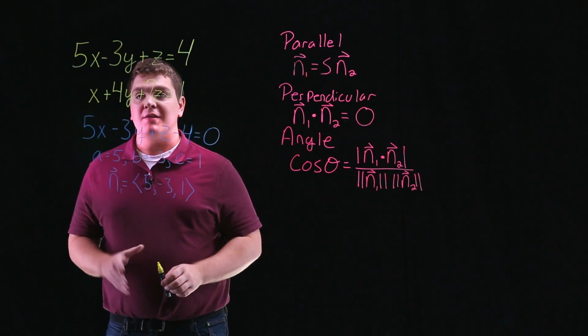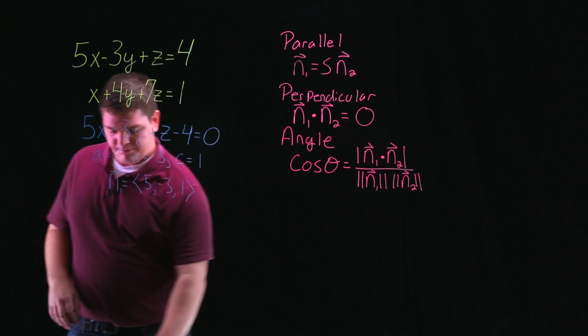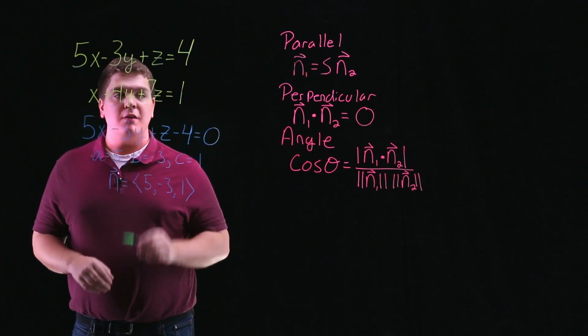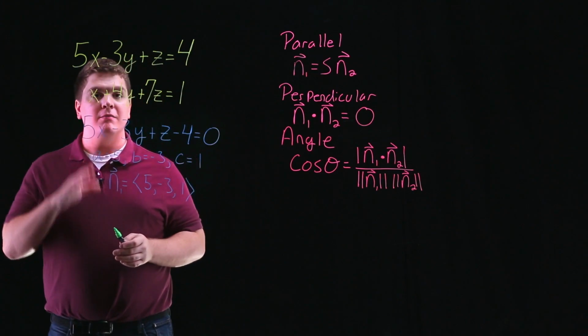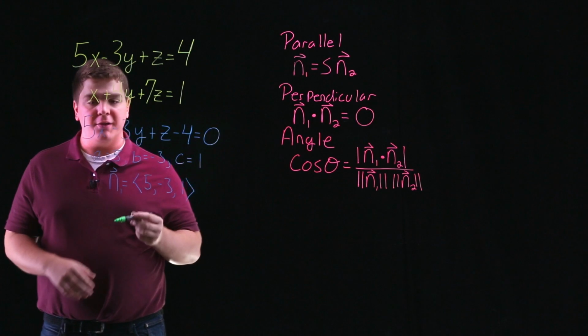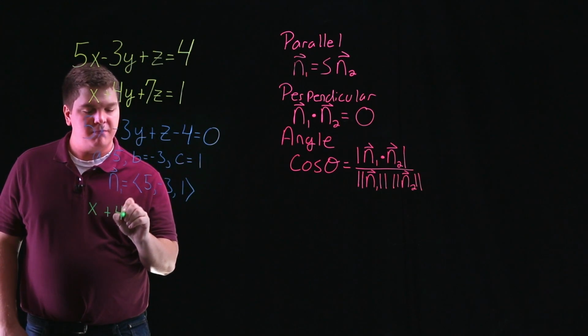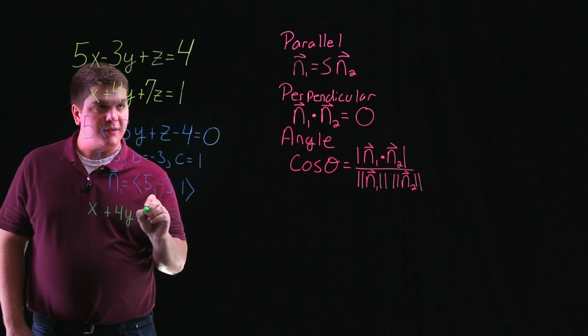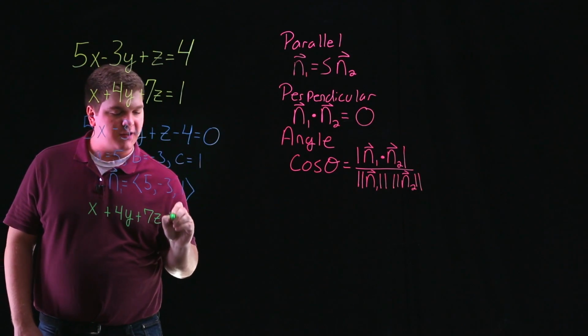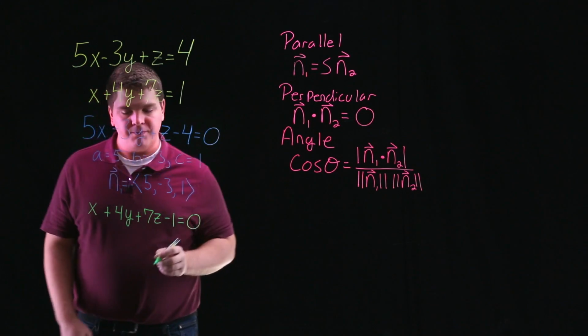Now we'll go through a similar process for our second plane. I can subtract 1 from both sides of our equation of the plane to get the general form. So that's going to be x plus 4y plus 7z minus 1 equals 0.